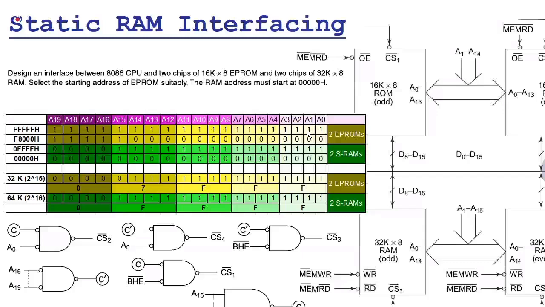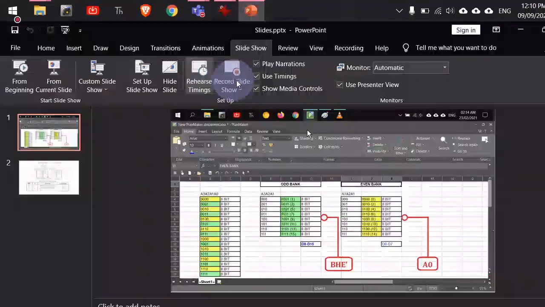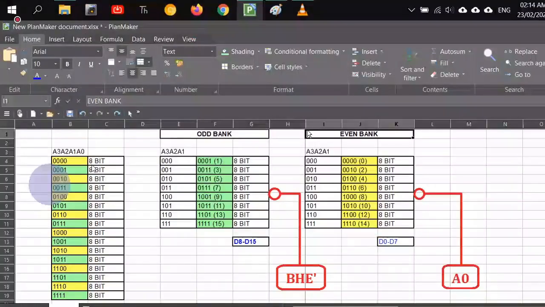Lower order addresses. Let me show you this diagram again. If you see this diagram, in any combination of even and odd addresses, let us start from 0000 and 0001. The even address is the smaller address, and the corresponding odd address will be the higher order address. So you have an even bank and an odd bank.